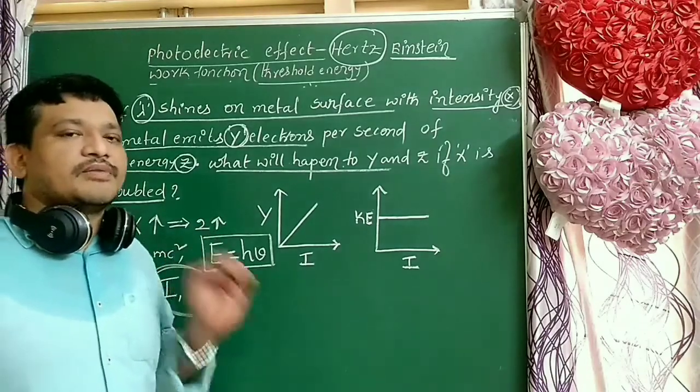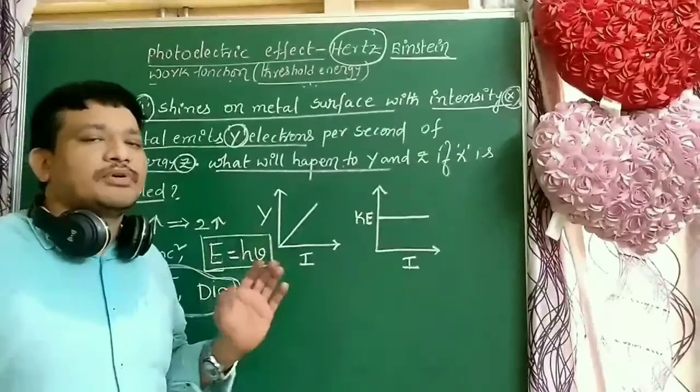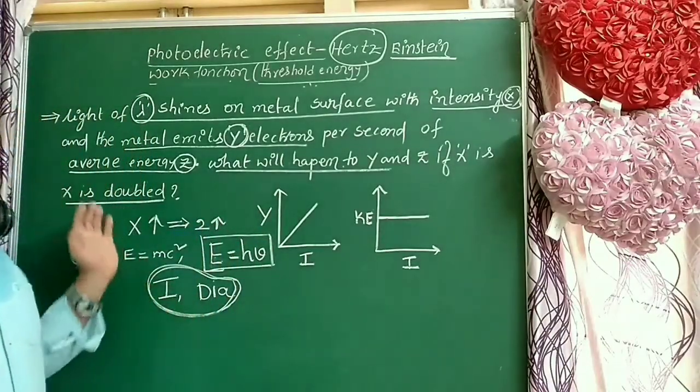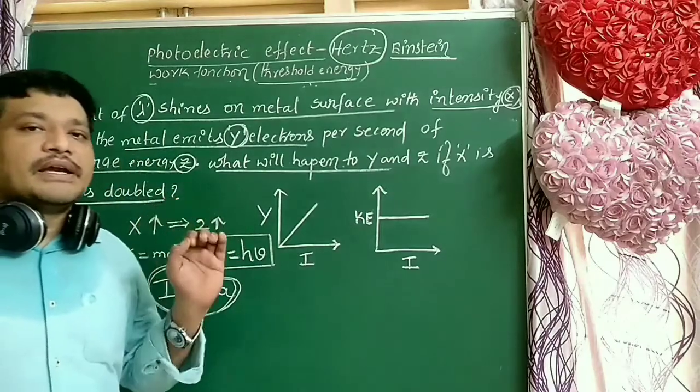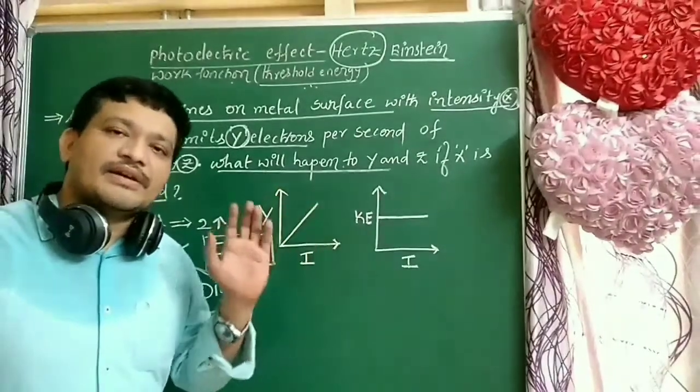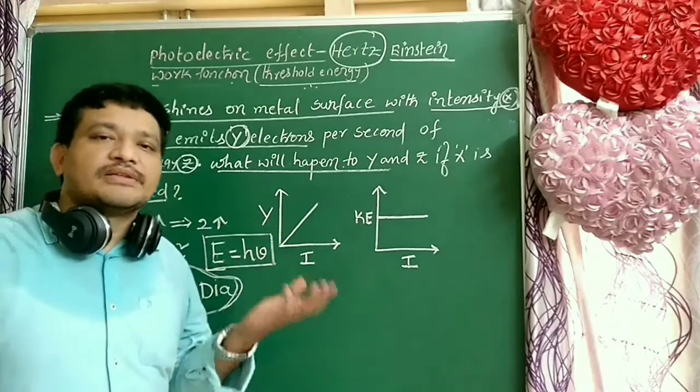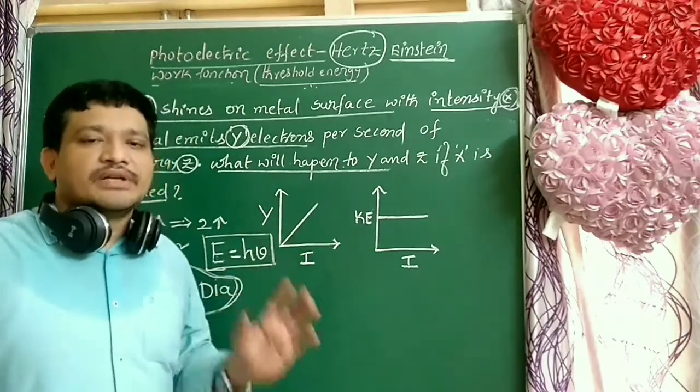That is explained by Huygens and developed by Maxwell. So based on all these phenomena, light has dual nature, that means both particle nature and wave nature.